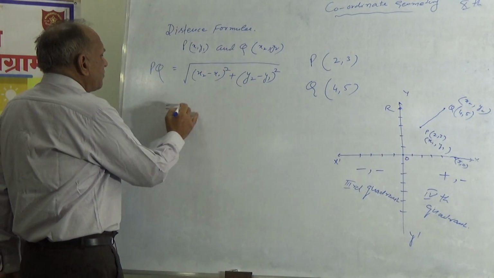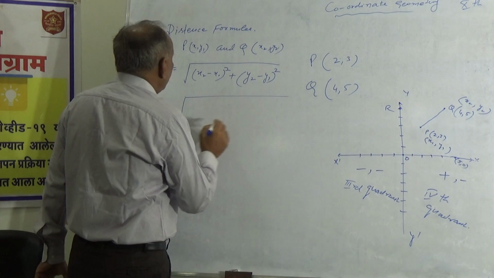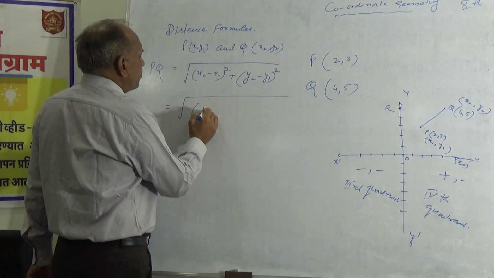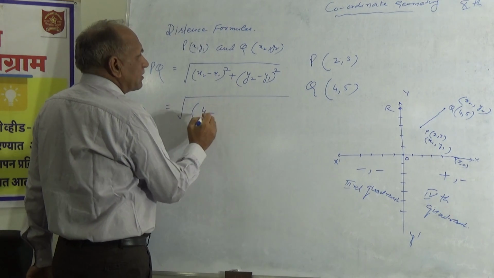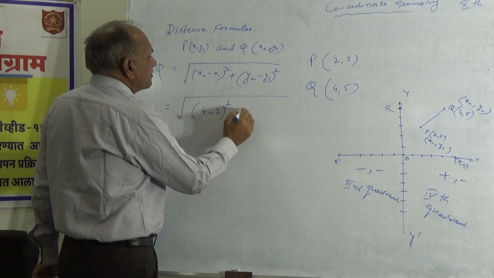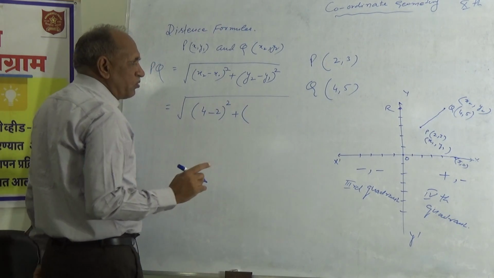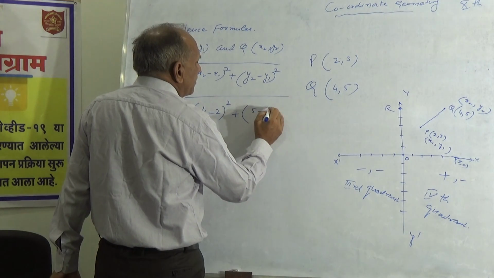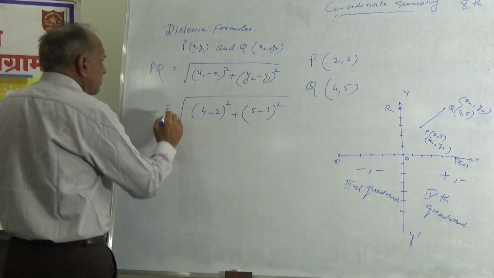Putting the values in the formula, x2 is 4 minus x1 which is 2, square, plus y2 which is 5 minus 3, square, all under root.